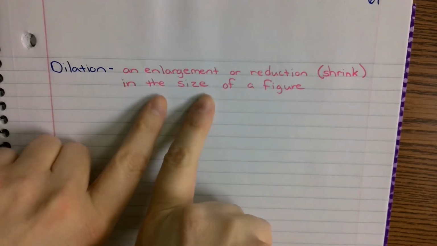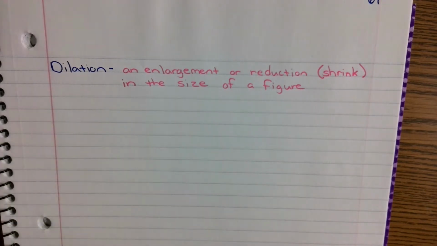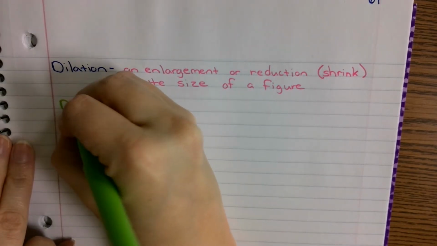So basically the size of a shape or the size of the figure is going to be enlarged or reduced by what's called a scale factor. Okay, so now dilation, something that's really important for you to know.